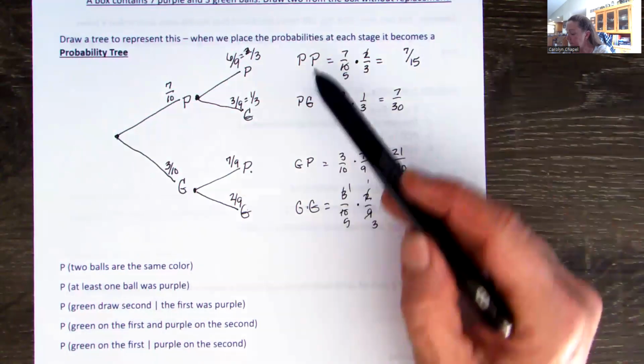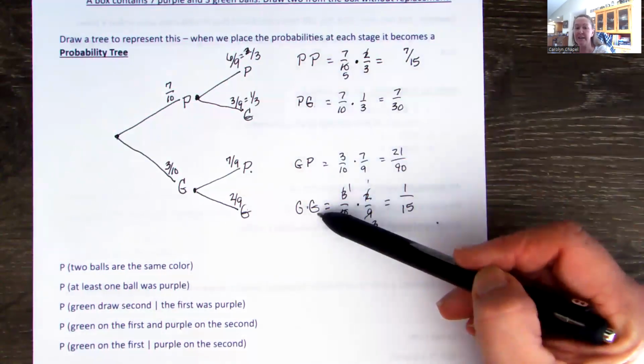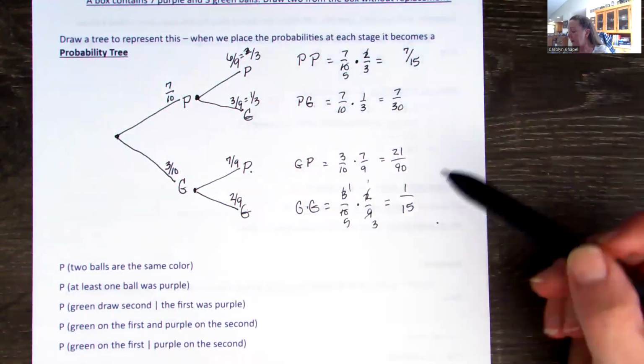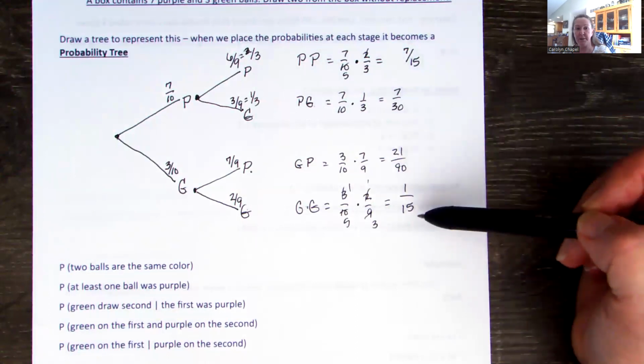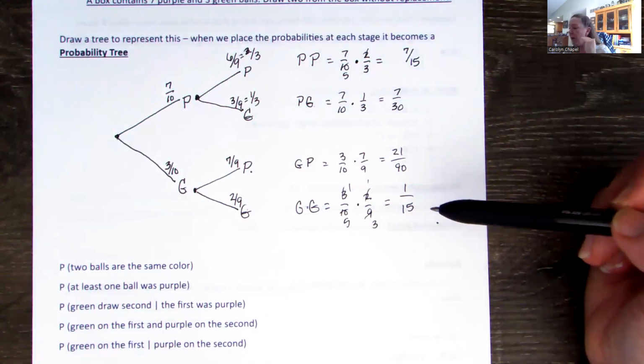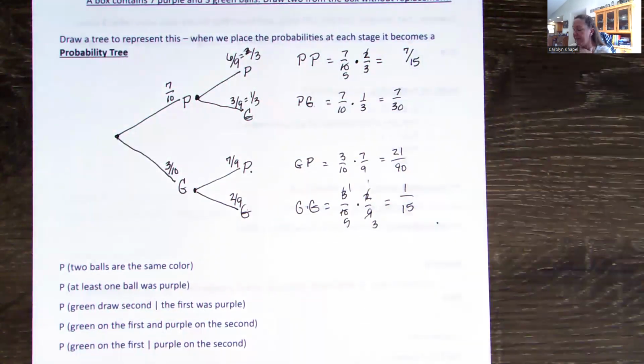Notice these 4 things are not equally likely. Yes, we have 4 outcomes, but they are not all equally the same. Okay, unlike when we did some of those other trees where we had our head, tail, all of those were the same. They had the same possibility of happening.